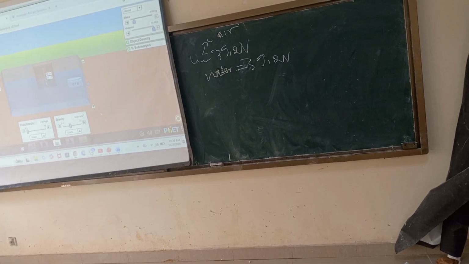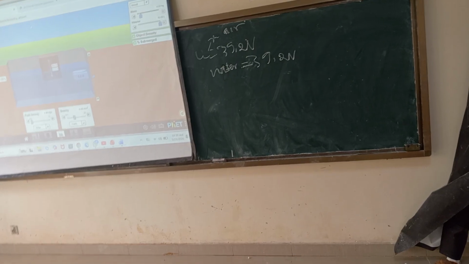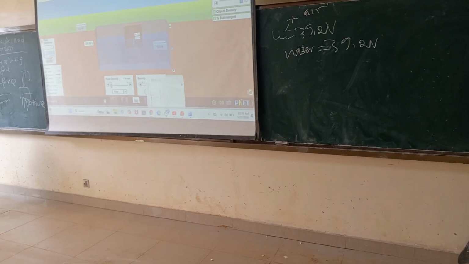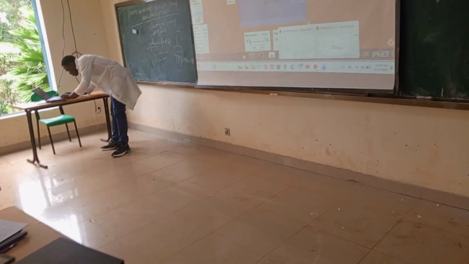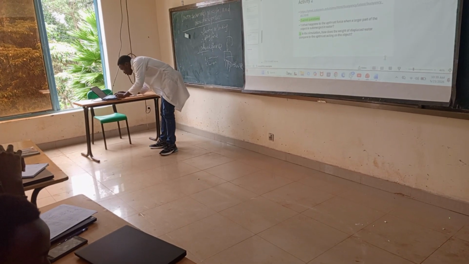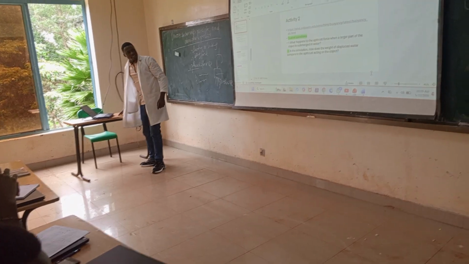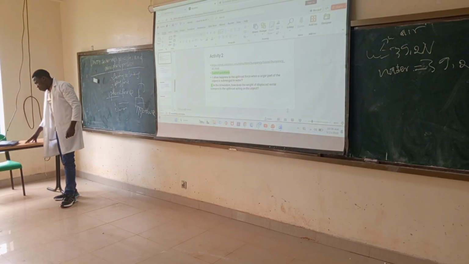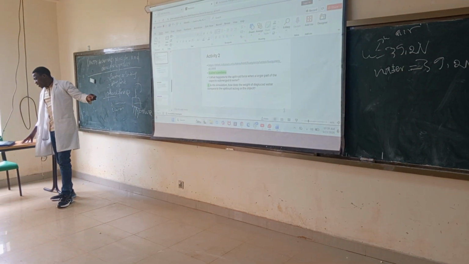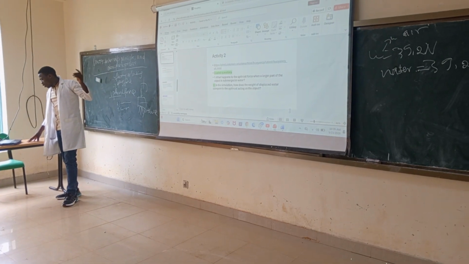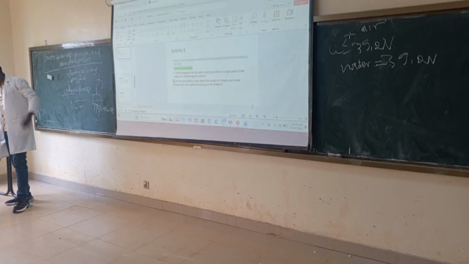Now, according to your observation, you are going to answer the following questions. Question 1, what happens to the upward force when a larger part of the object is submerged in water?